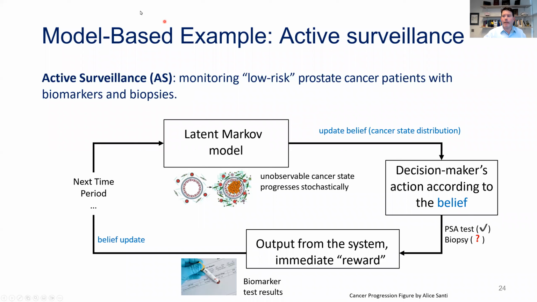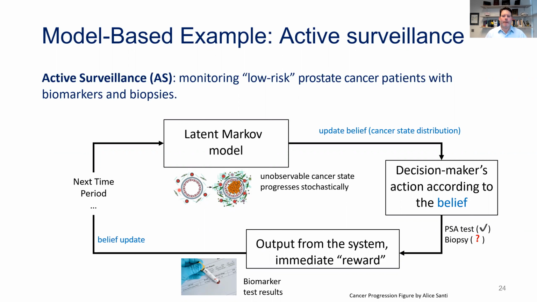This is in the model-based context, so we need to estimate this. And for this particular model, there are two states that are unobservable. One is a low risk prostate cancer state, and the other is a high risk prostate cancer state.